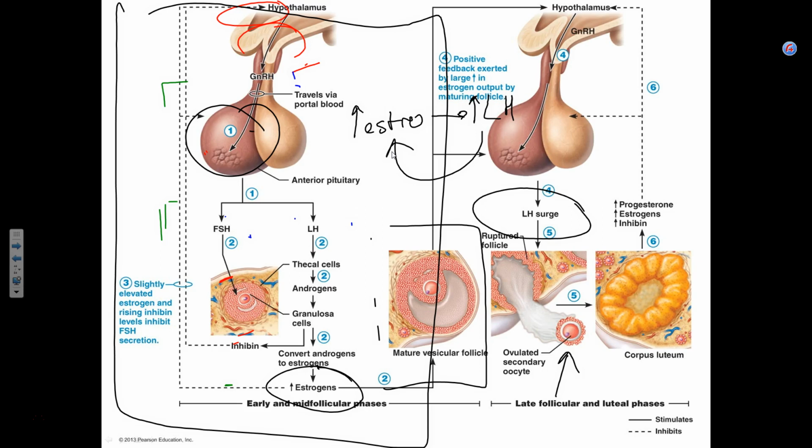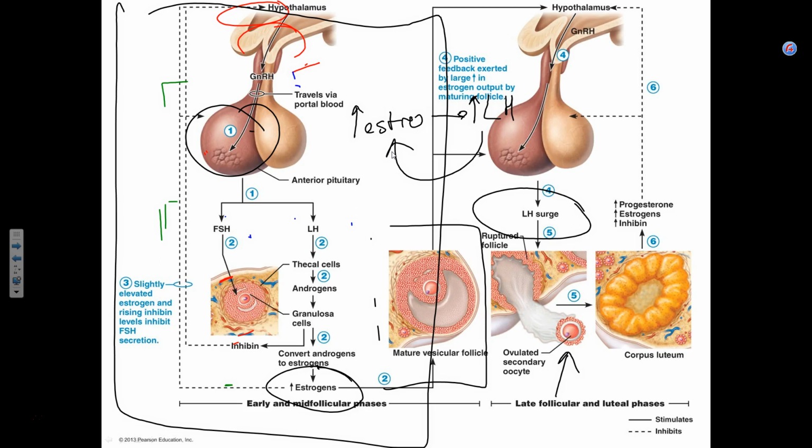Because in males, you need to accumulate a substantial amount of sperm to start seriously inhibiting. Before the sperm counts climb up, the only hormone that controls its production is testosterone. When they climb up, then inhibin kicks in and it really slows down.